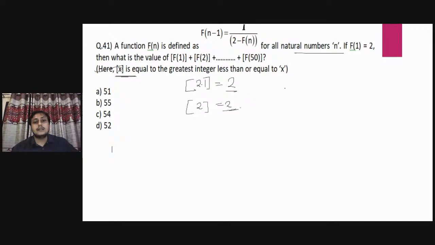So the function here is f(n-1) = 1/(2 - f(n)). So guys, it is given that f(1) is 2.